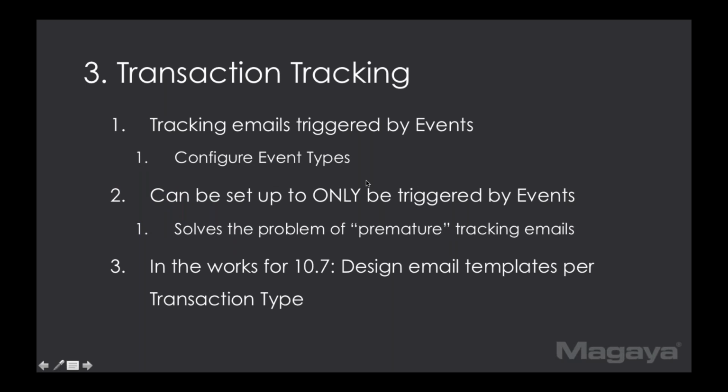The next version will actually see the transaction tracking emails even better, because the email template that you saw I received in my inbox is currently a default one for all different transaction types, but we're going to include a feature where you can design one for different transaction types, so that confirmation email sent out for warehouse receipts will be different than the one for shipments, for example.